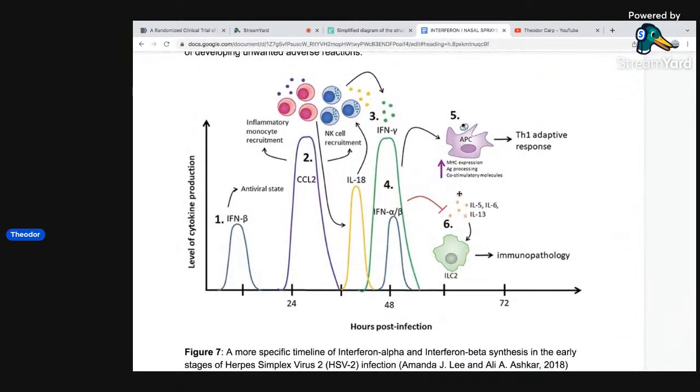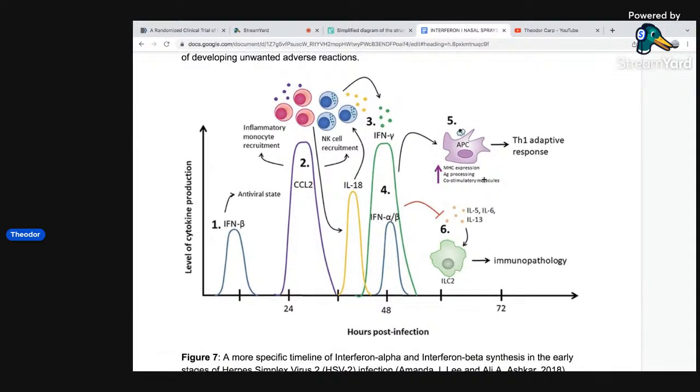So with CD4 plus T cells or T helper cells, you have the major histocompatibility complex type 2. And for cytotoxic CD8 plus T cells, you have major histocompatibility complex type 1 expression with antigen presenting co-stimulatory molecules that are part of the mechanism to present antigens and train the T cells to differentiate and respond.